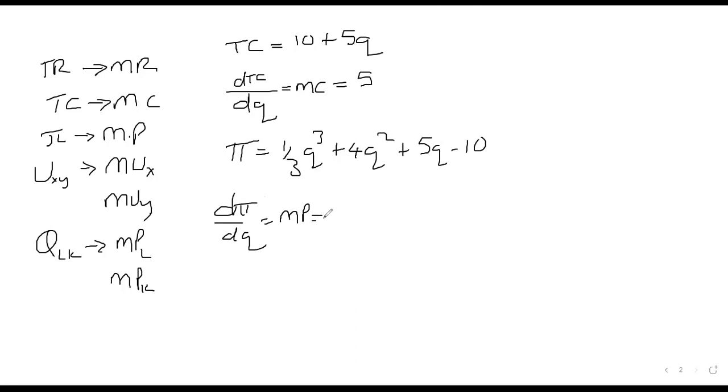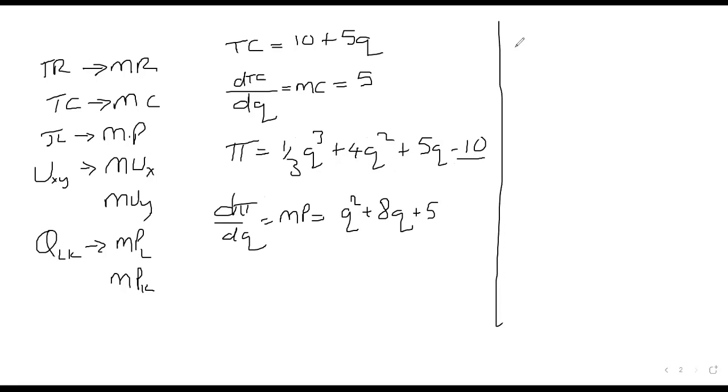So when you multiply the 3 times 1/3, it is 1. We never write 1. And when you subtract a 1 from there, it's the power 2, plus 4 times 2 is 8. When you subtract 1, it's the power 1. 5Q remains 5. And when you differentiate the constant, it will fall off.